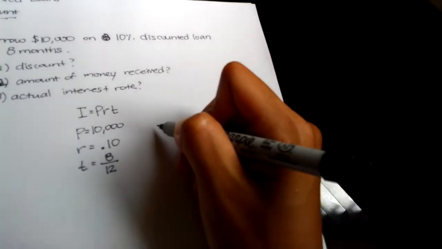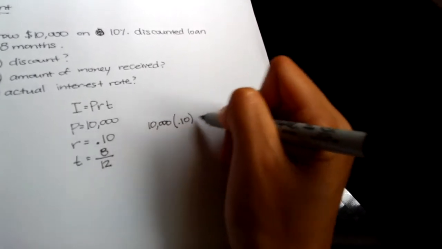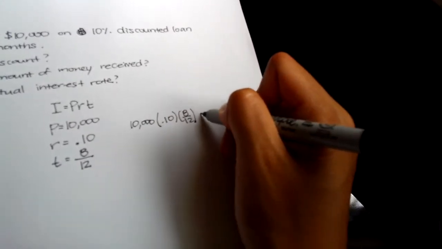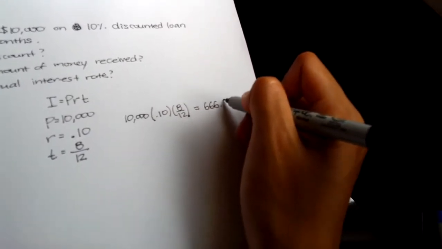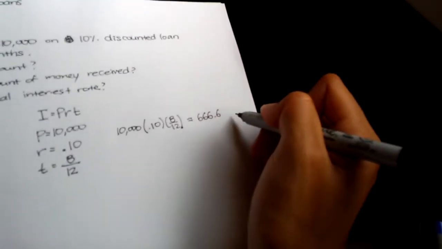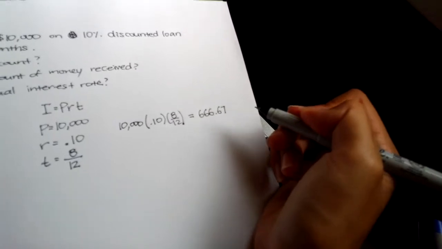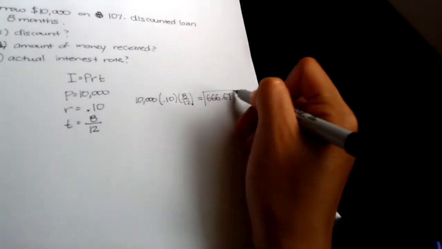And then we simply plug it in. So $10,000 times 0.10 times 8/12. And if you do that calculation out, it's $666.66, and it keeps repeating. But since we're talking about money, I'm going to round to the nearest cent. So that's the discount.